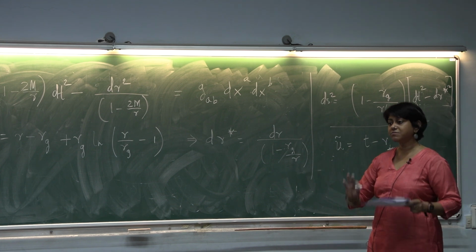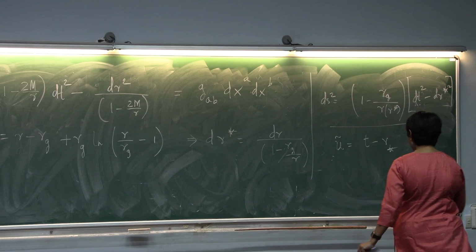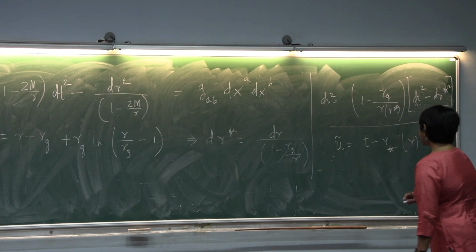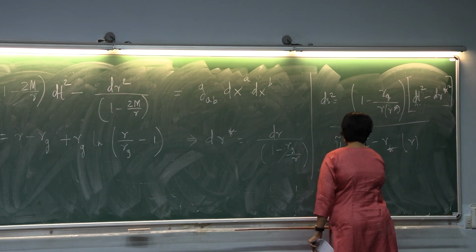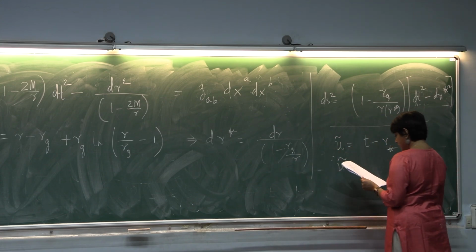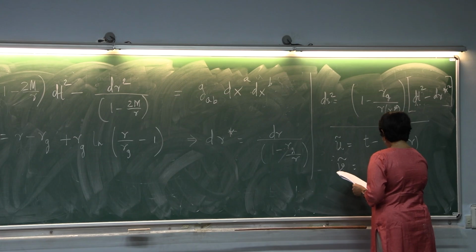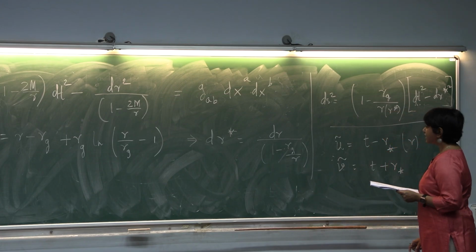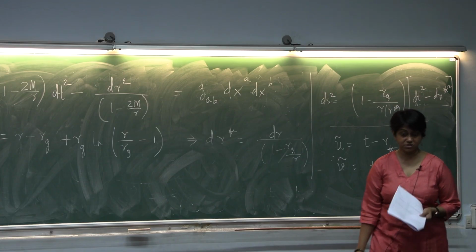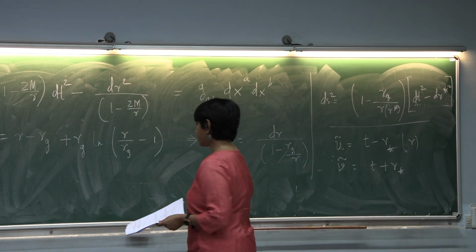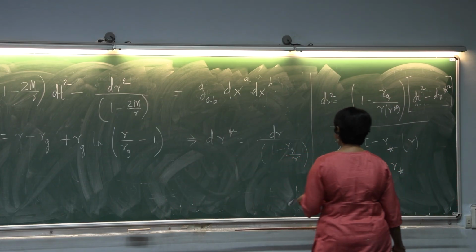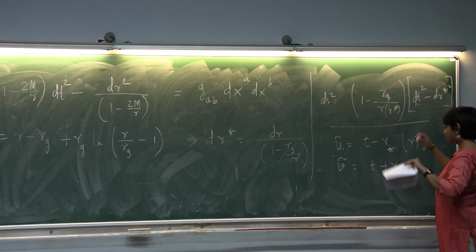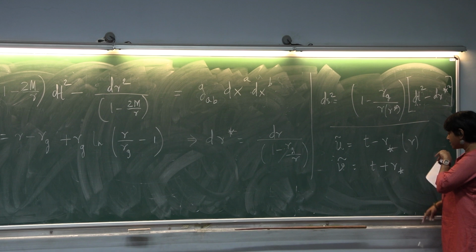Please remember r star indeed is a function of r. Of course, another coordinate v tilde can be formed, which becomes t plus r star. Sometimes I write the star as a superscript, sometimes as a subscript, so please bear with me.